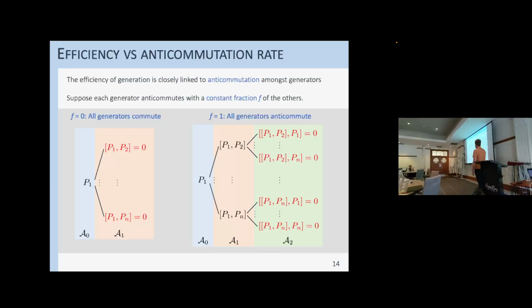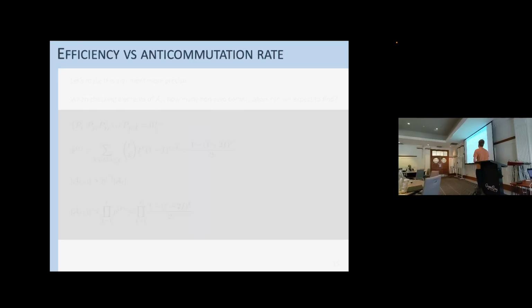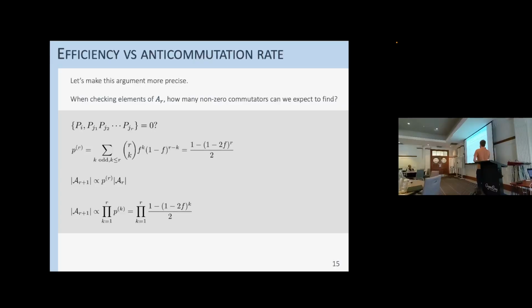So we can't have too little anti-commutation, and we can't have too much. You have to have it be just right. And so maybe 1/2 is the optimal, you might guess. To actually figure out what this optimal f is, we can just do a little combinatorics argument. I don't want to go into the details, but it's basically just saying, given some product of your generators, what is the chance that another generator anti-commutes with that product?